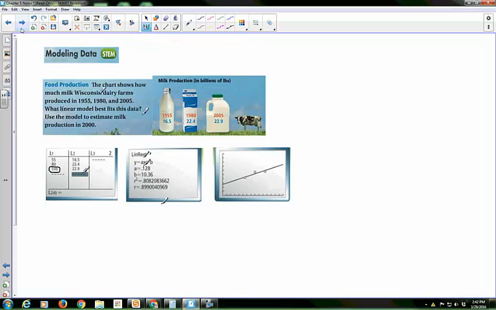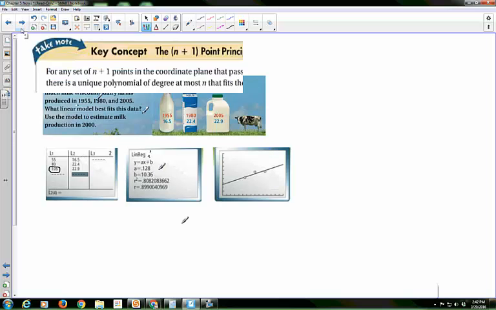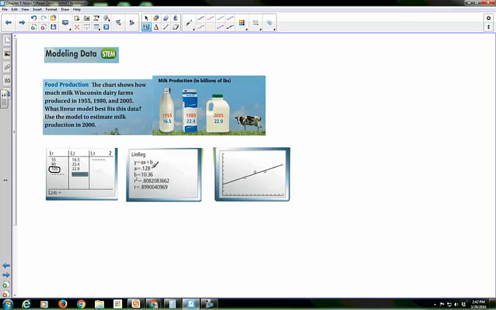When we plug this into a linear regression calculator, we get A is 0.128, B is 10.36. So if I'm using this, I'm going y equals 0.128x plus 10.36. We want to look at our r. The closer r is to 1 or negative 1, the better our data fits.